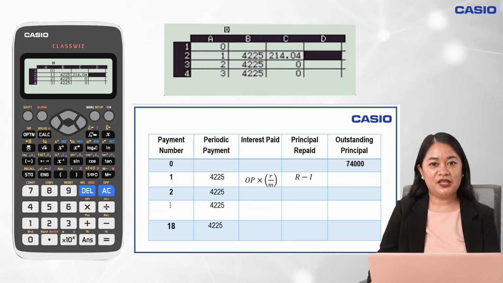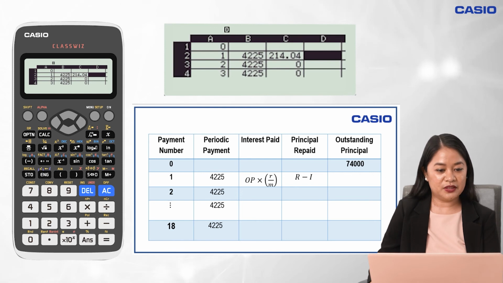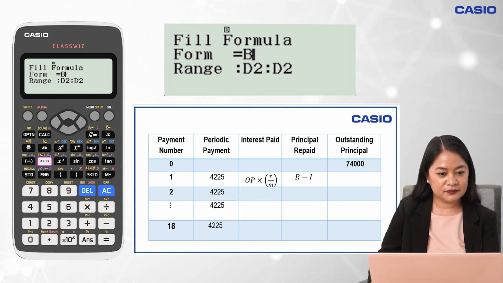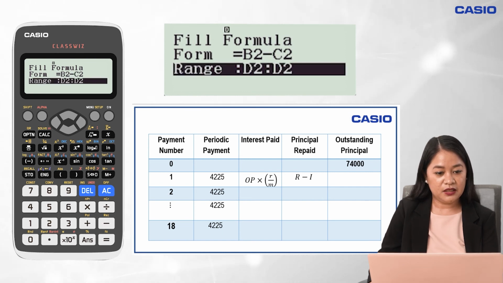For the principal repaid, we just get the difference of the periodic payment and interest payment. So from cell D2, we will input again a formula by pressing Option and 1. For the formula, input B2 minus C2. That is alpha DMS 2 minus alpha x raised to -1 button 2 and then equal button.